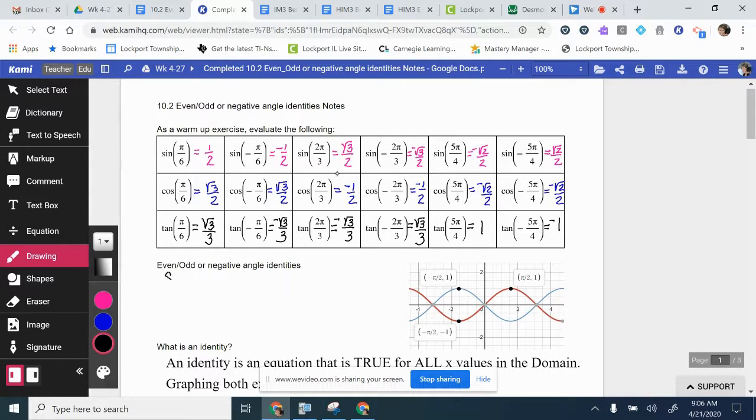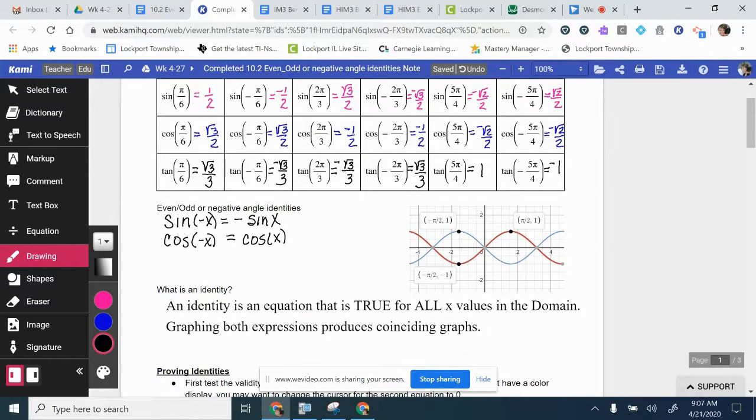The first one we see is that the sine of a negative x is equal to the opposite of the sine of x. Looking at our second row, we conclude that the cosine of a negative x is exactly equal to the cosine of the same x, but that is positive.